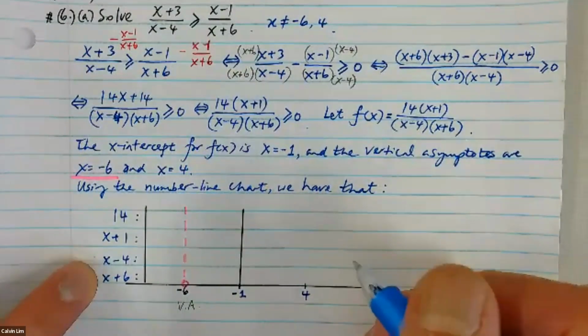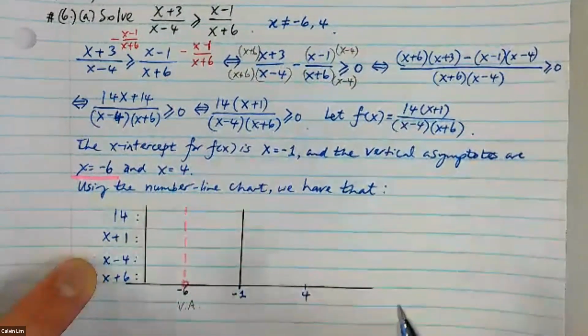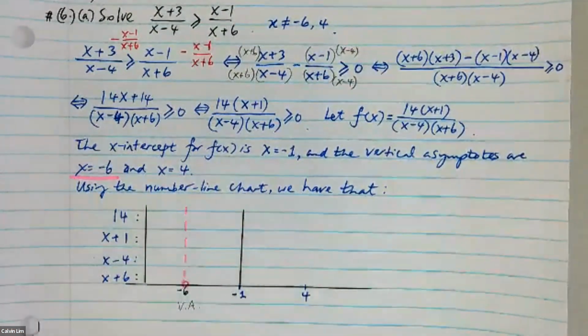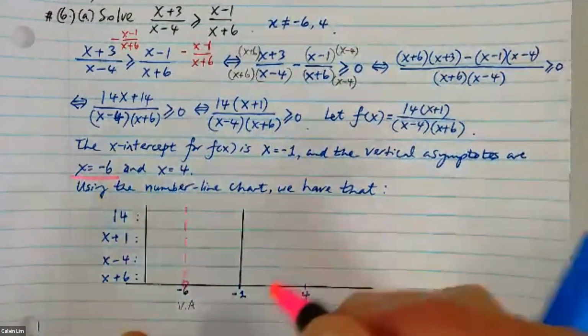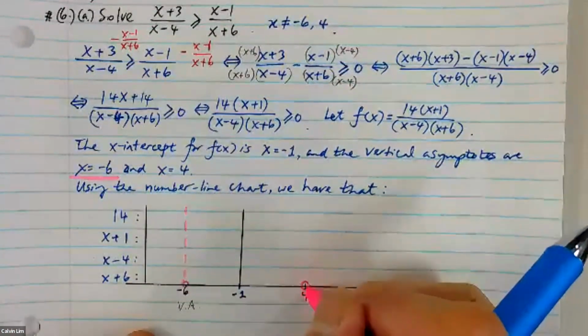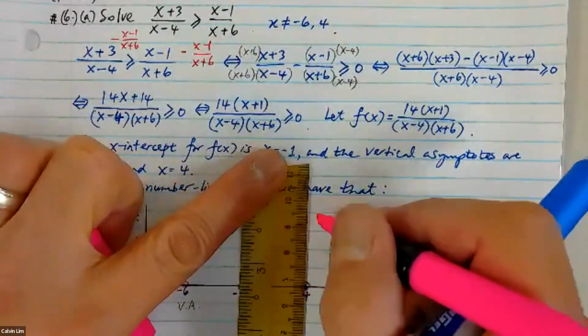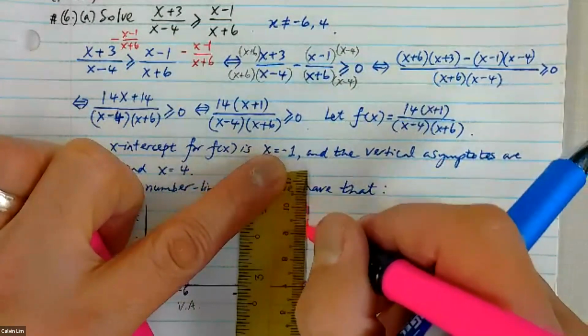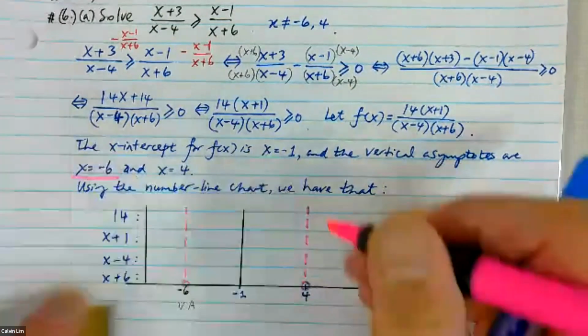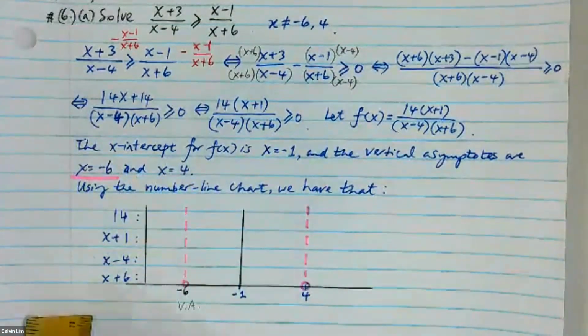Is it a vertical asymptote or an x-intercept? The VA, so I use an open circle and a dashed line.